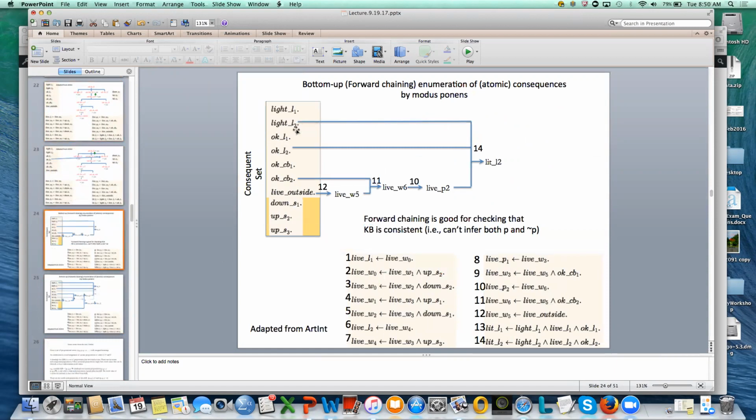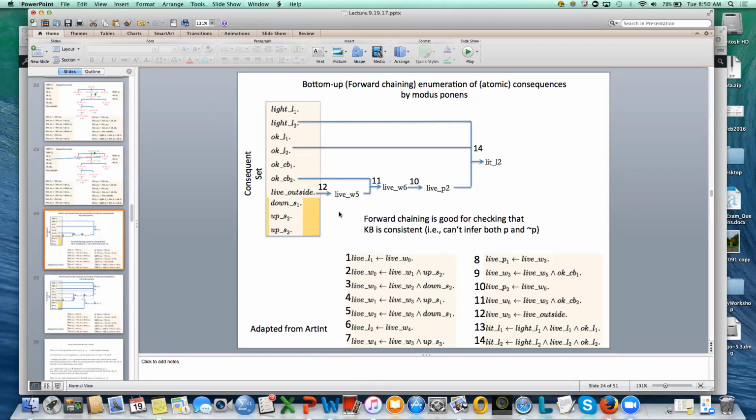So forward search, you're looking for rules whose antecedents are satisfied by what you know so far. What you know initially are just the axioms. And so here we might look through these axioms and find that an antecedent of one of them includes live outside. And that live outside would allow us to conclude live W5.